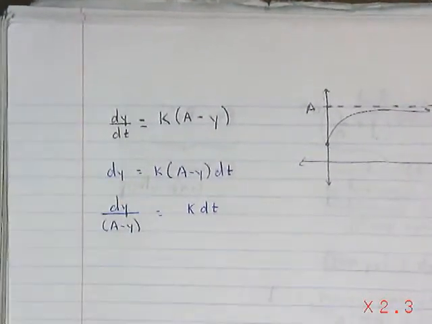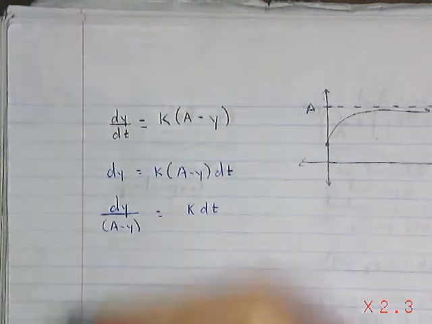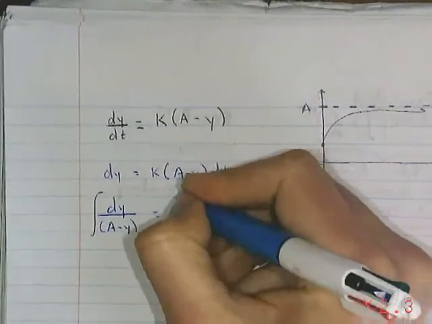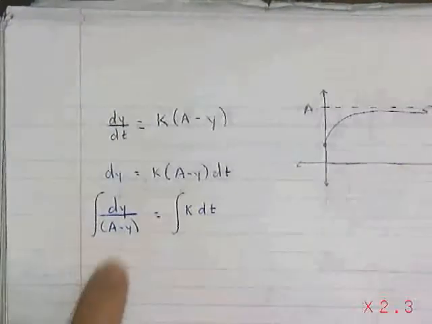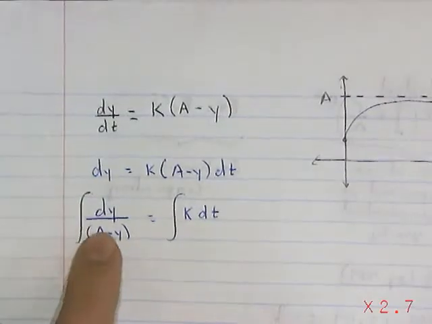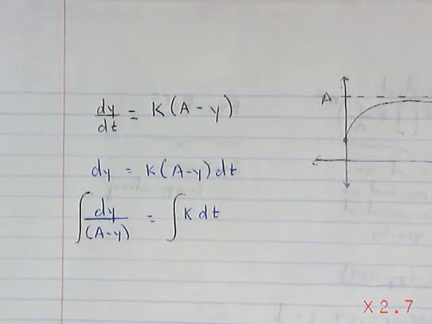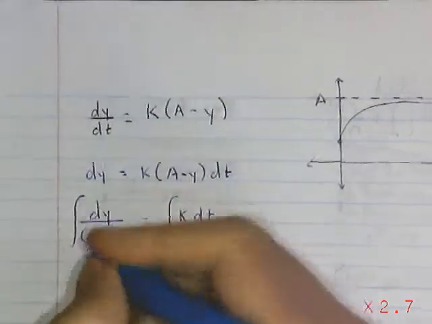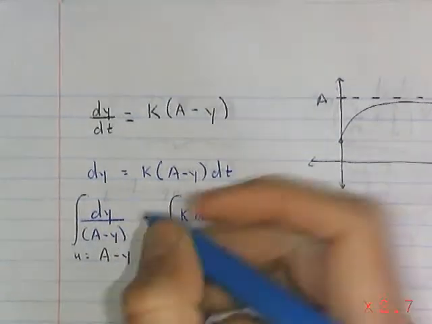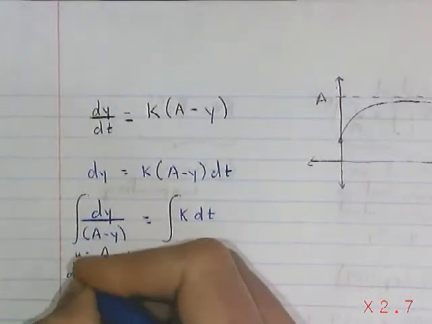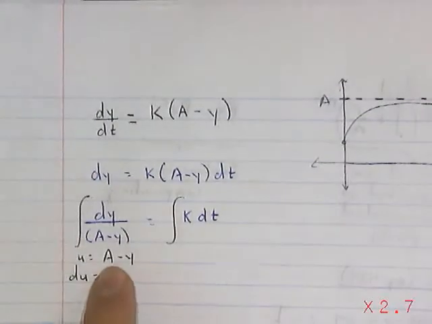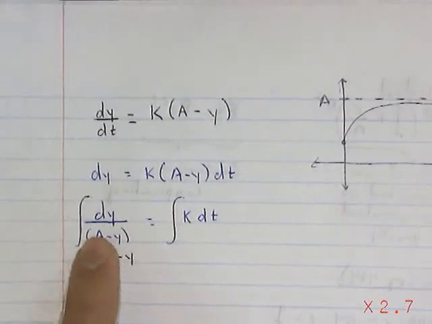Okay, so we're going to integrate on both sides. On the left side, maybe we can zoom in here a little bit, we're going to need to do a u sub here to get this to work. So we'll let u equal a minus y, which means that du is going to be equal to, well, a is just a constant, so it blows away.